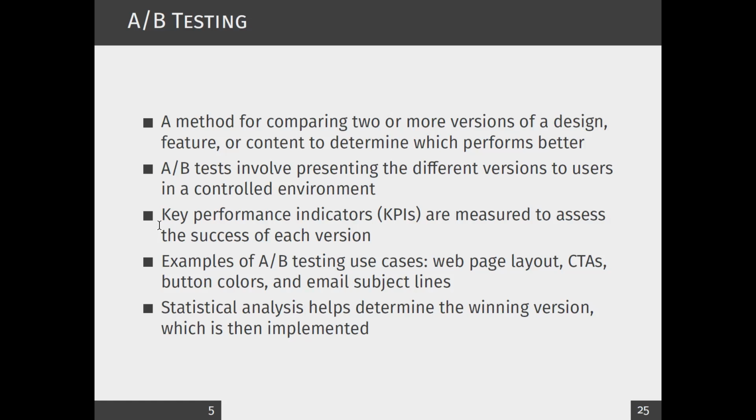For example, what places can you use A/B testing? Web page layouts, button colors, email subject lines. These are some of the places where you can actually use A/B testing, right? And you can use statistical analysis to determine which one is the winning version, which you can then actually implement.